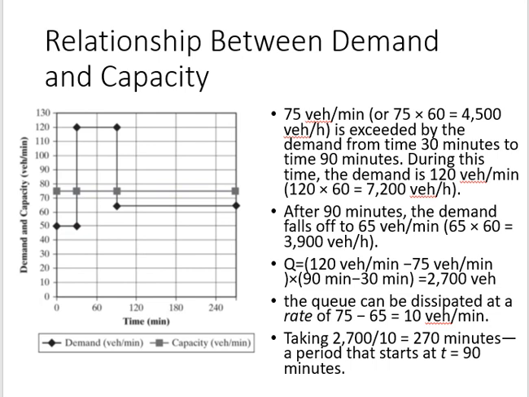Yeah, the time for the queue to move, like it will be completely gone. That time came to be 270 minutes, and the number of cars in the queue was 2,700 meters. Now the third thing which is important for us in this condition is the delay. How much will be the total delay for everybody, and how much will be the average delay for each person?